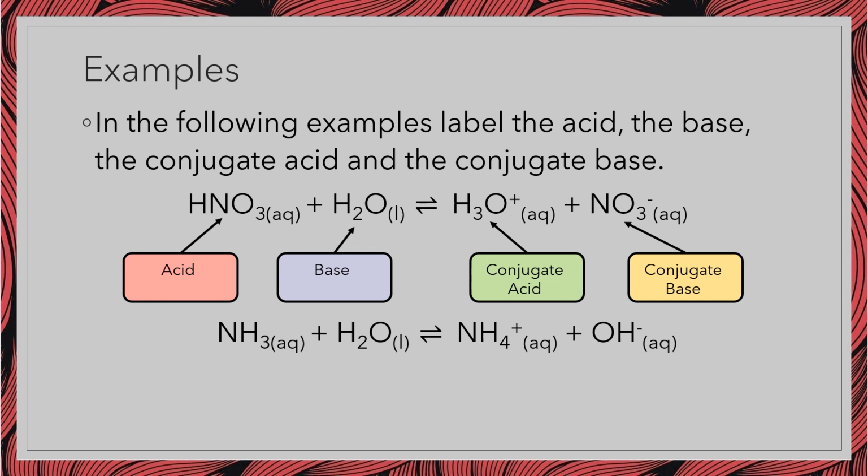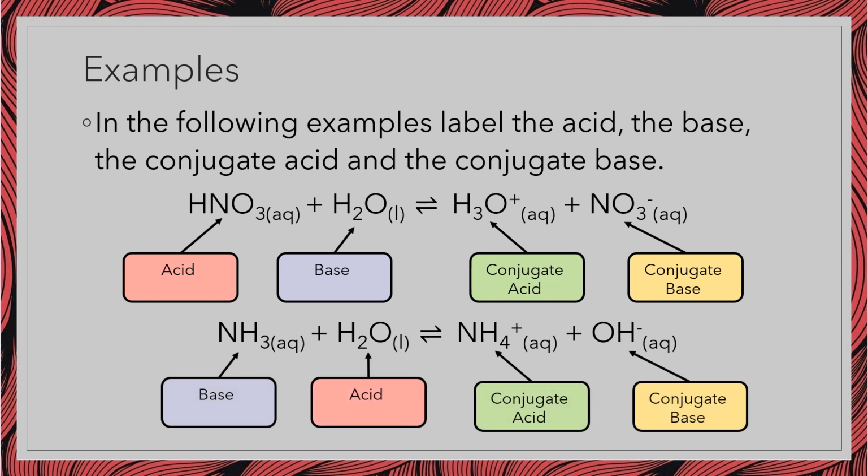Now, going down to the next one, ammonia plus water is in equilibrium with ammonium and hydroxide. Let's have a look at the NH3. The NH3 acts as a base, becoming NH4+, so it has accepted a proton. Water, on the other hand, has donated a proton, so it's an acid in the forward reaction.